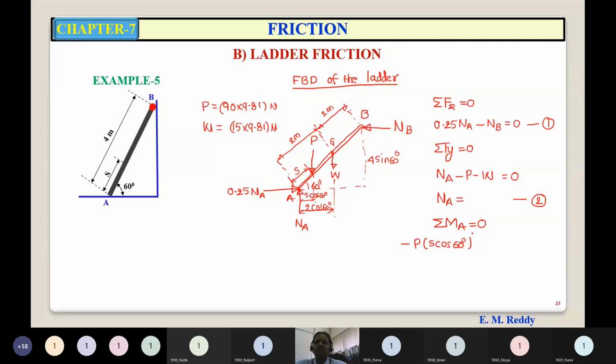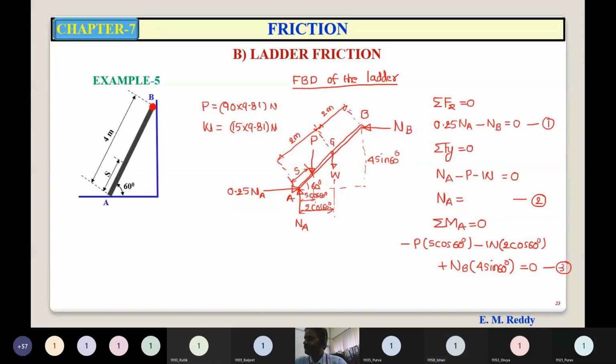Then the moment of W is also clockwise, minus W into 2 cos 60. Then the moment of NB is anti-clockwise, so it is plus NB into the perpendicular distance 4 sine 60, is equal to 0. So equation 3. Do the calculations. So 2.81 meters.